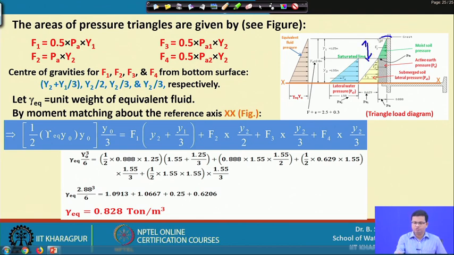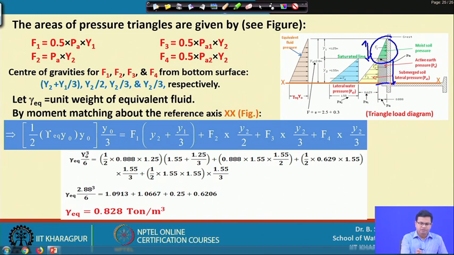So, this area will be equal to half into P A into y 1. Similarly, for F 2, it is a rectangle. So, you will get P A into y 2. So, this height is y 2. So, P A into y 2.